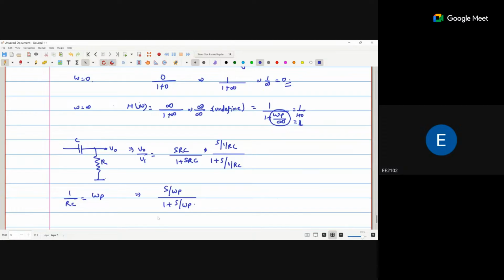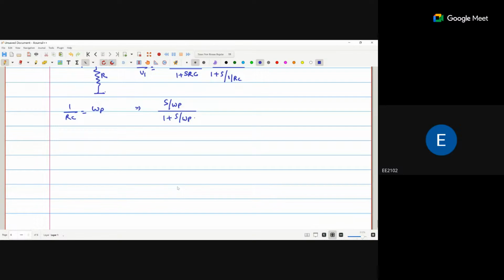If you design the same circuit with the operational amplifier, the only thing is that you have to change it with the capacitor.